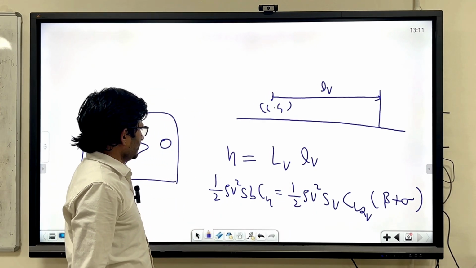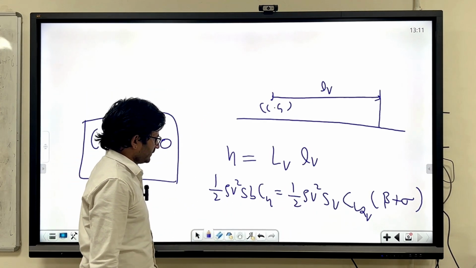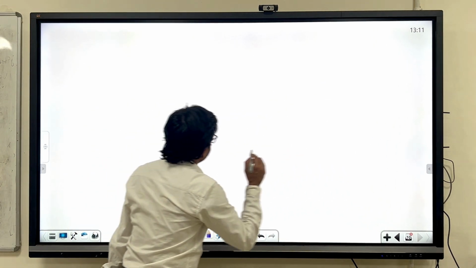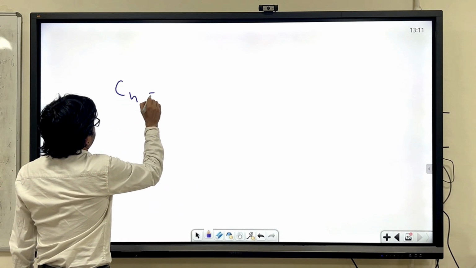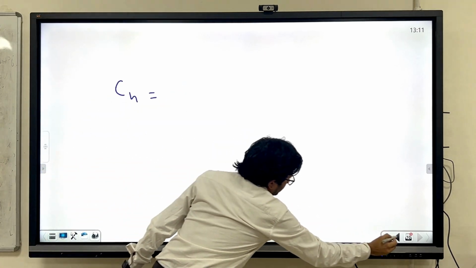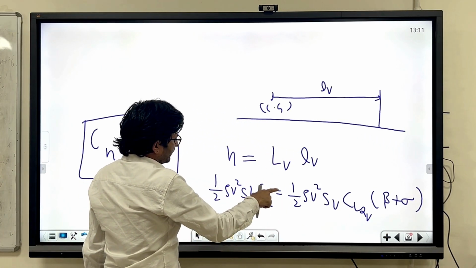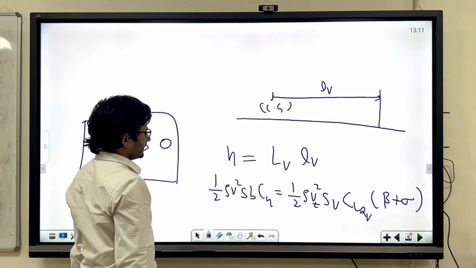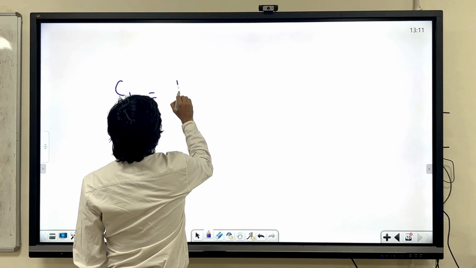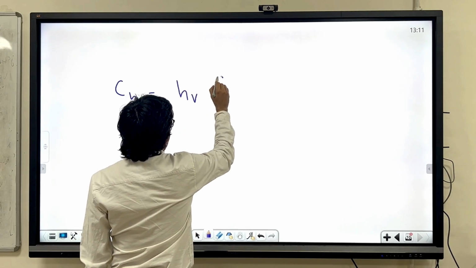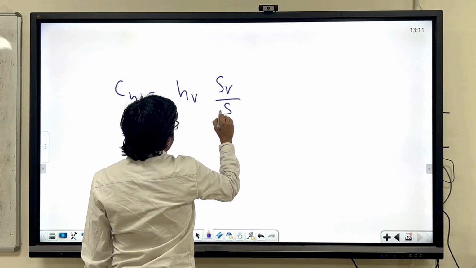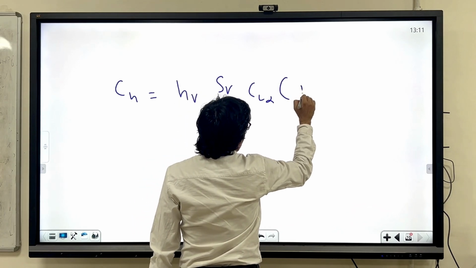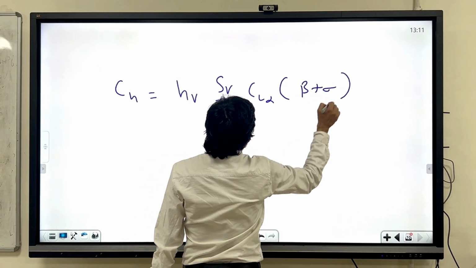Now you may write this equation: half rho V square, this is Vt square, vertical tail, eta V SV by S, Cl alpha into beta plus sigma.